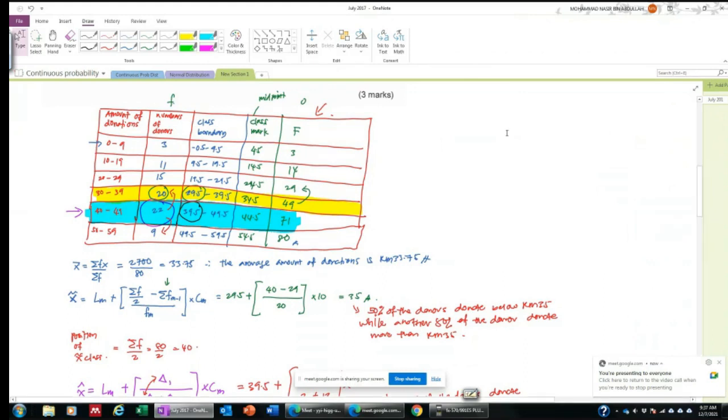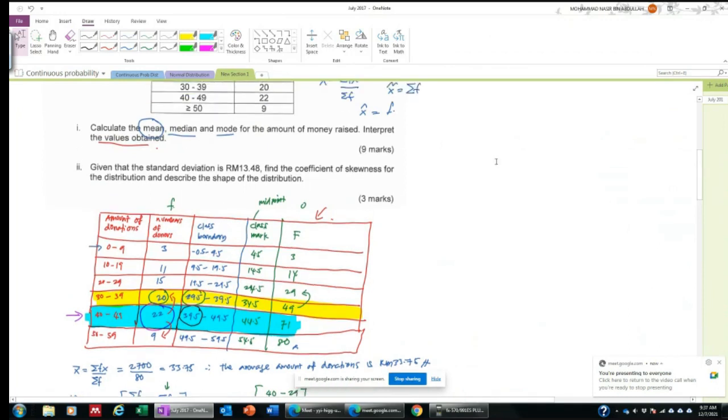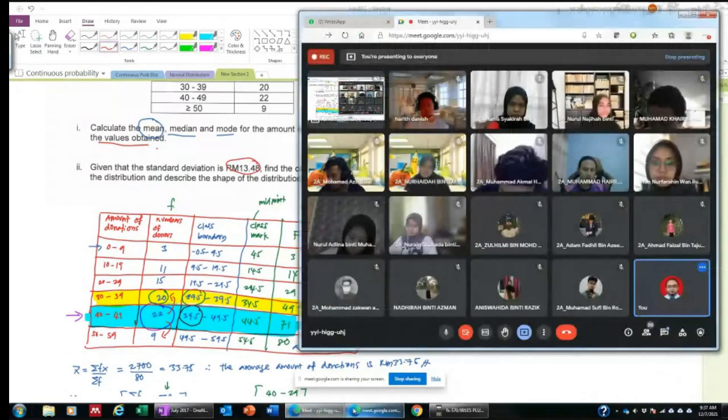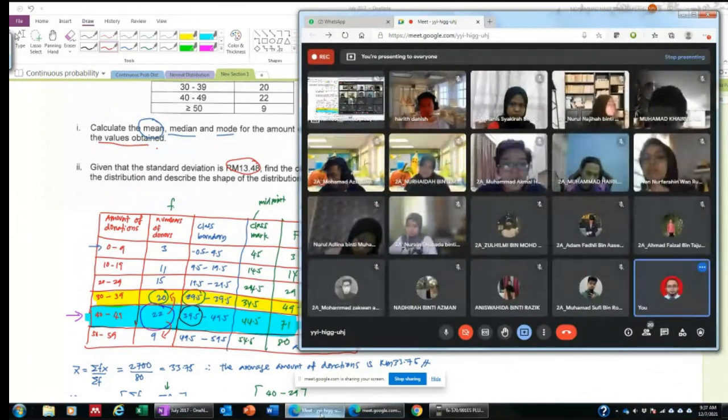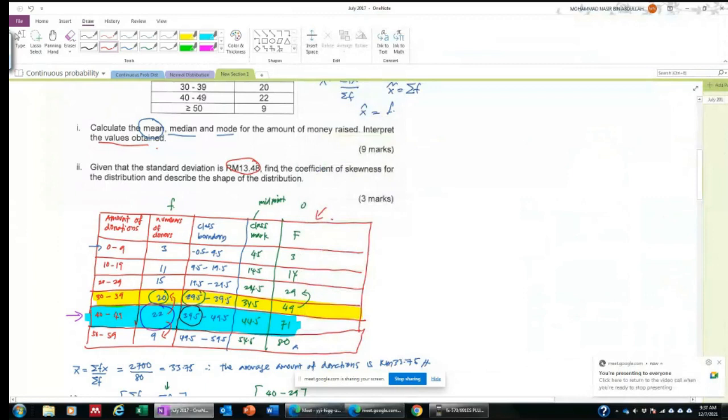So for the next question, given a standard deviation of 13 ringgit 48 sen, find the coefficient of skewness for the distribution and describe the shape of the distribution.